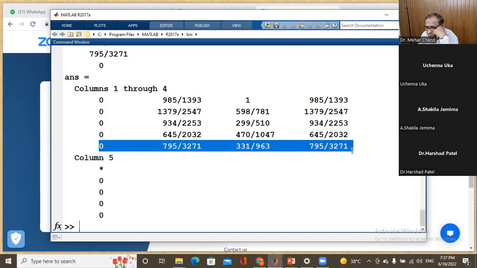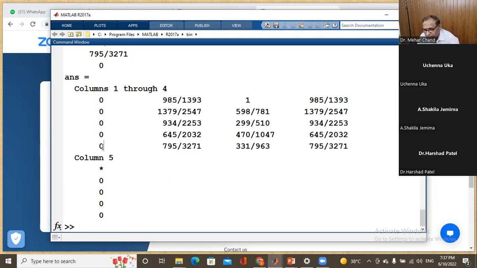The first row is the value of U when the time is 0 and X is 0, then X is 0.25, X is 0.5, X is 0.75 and X is 1. So X will be changed and T we consider 0.